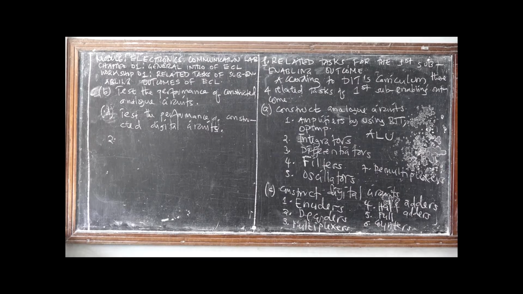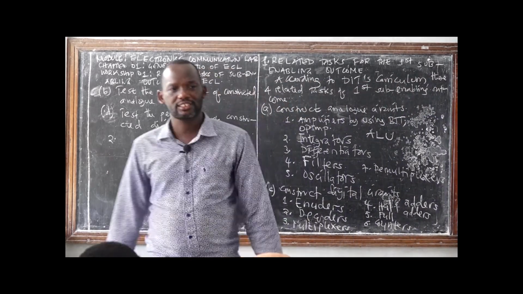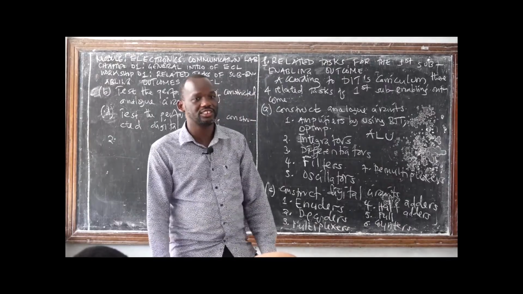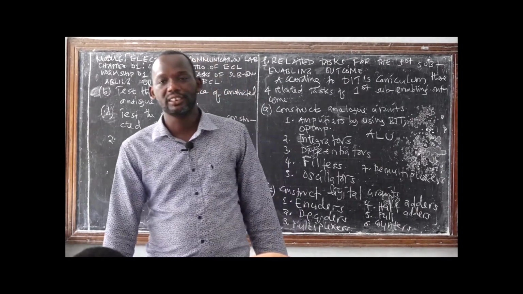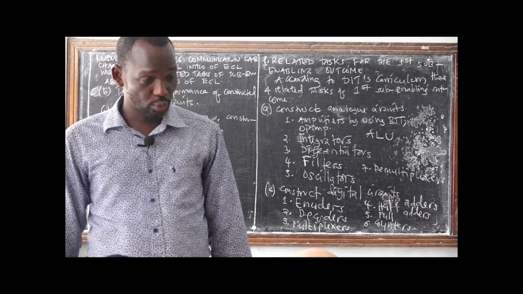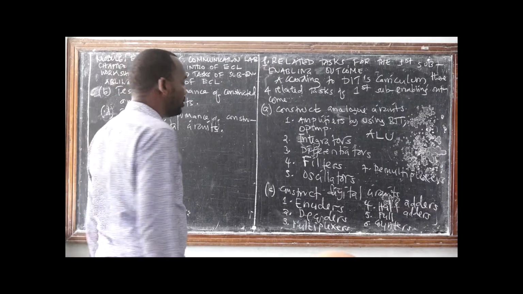She said by using electronic measuring instruments. So one of the neighbors said that you can test the performance of the constructed analog circuits by using electronics measuring tools and equipment. If you don't know how to use an oscilloscope, then this is another story. If you don't know how to use an ammeter, that will be another problem, because you won't be able to test the performance of the circuit which you have constructed.